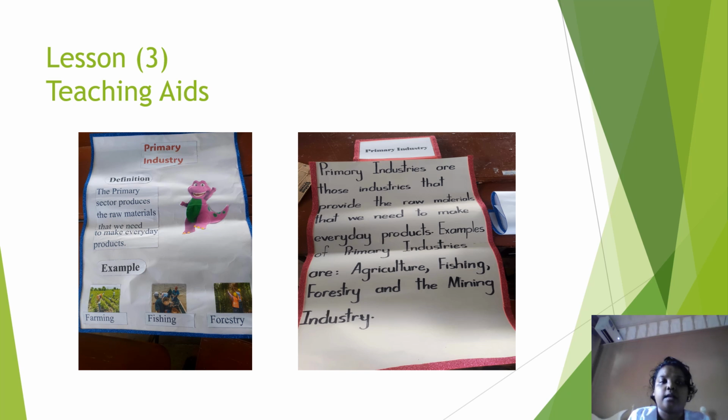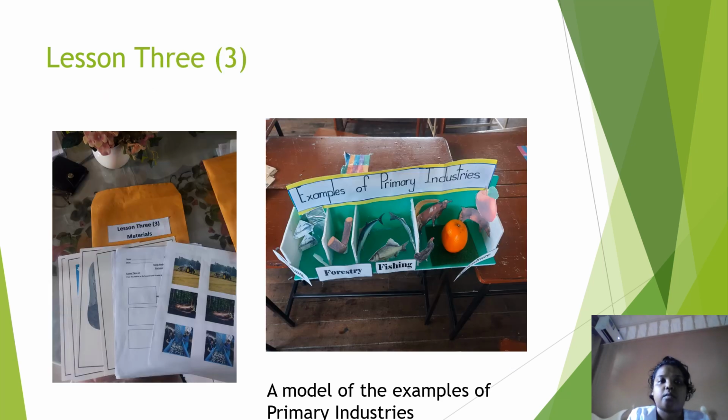It took me like an hour to make and to write on the teaching aid. In lesson 3, I also had worksheets alongside some pictures and a model of examples of primary industry.